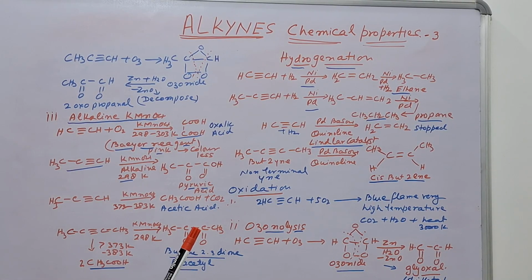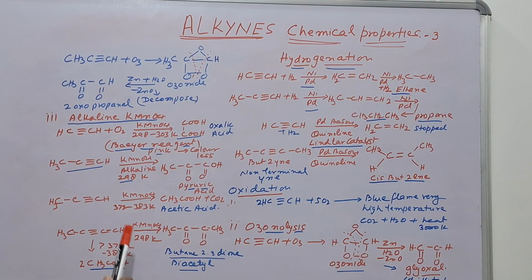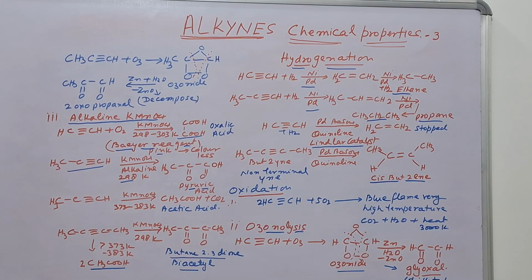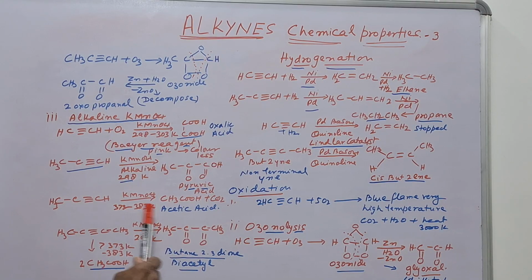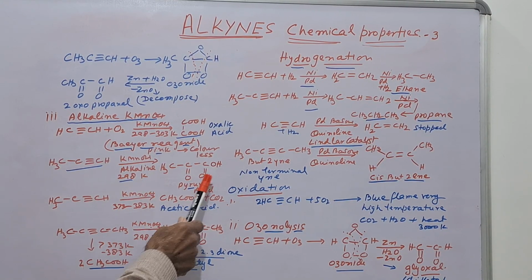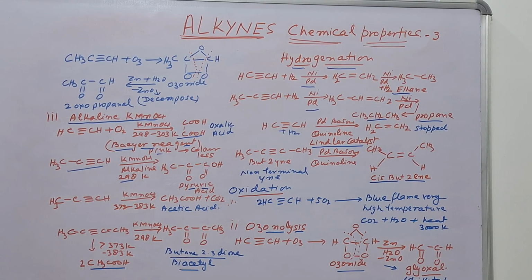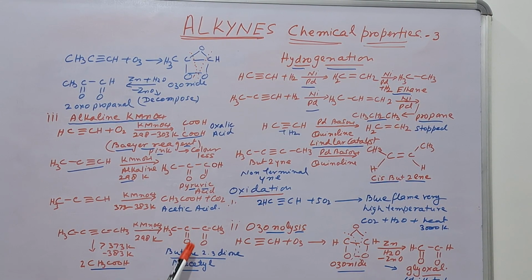So at low temperature, it forms pyruvic acid, but at high temperature, complete oxidation takes place to form acetic acid. So at low temperature, it forms the keto acid. At high temperature, that is 373 to 383 K, it forms acetic acid.